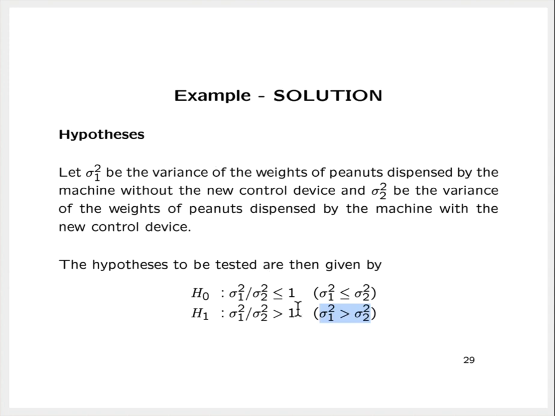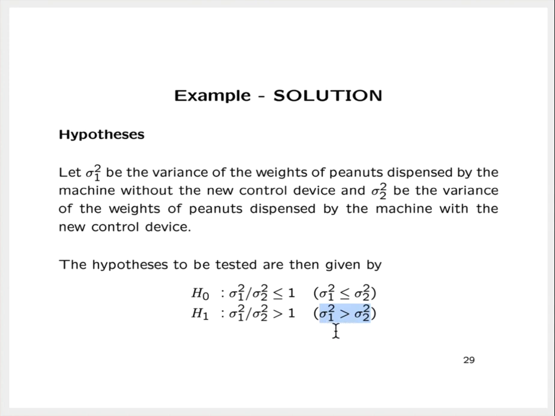You would agree that if this is true, then the new control device does reduce the variability of the fill weights.